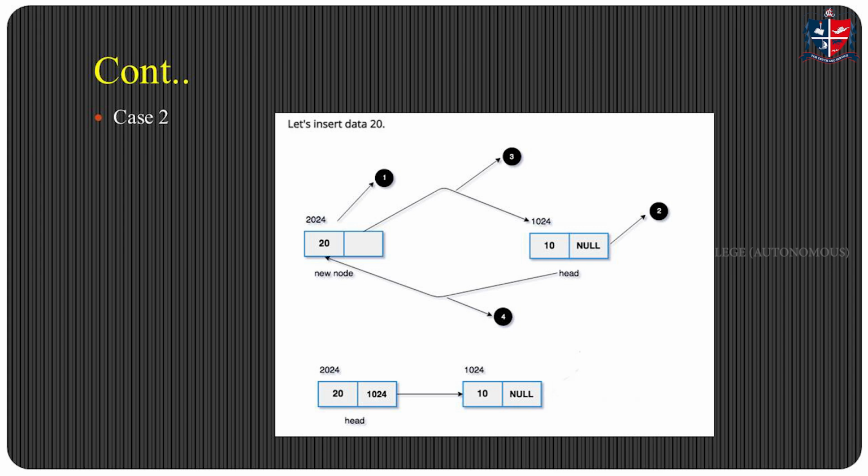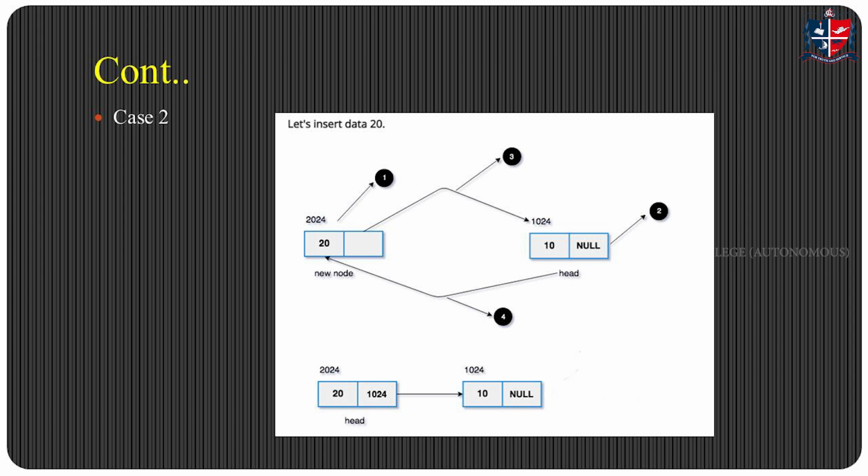So you assign new node next as head. Right now only one node is present and the head is pointing to it. So you set new node next as head, and then you reset the head, so that head is equal to new node. So these are the steps for the insertion at the beginning case.